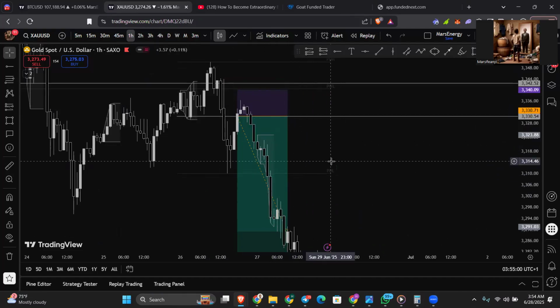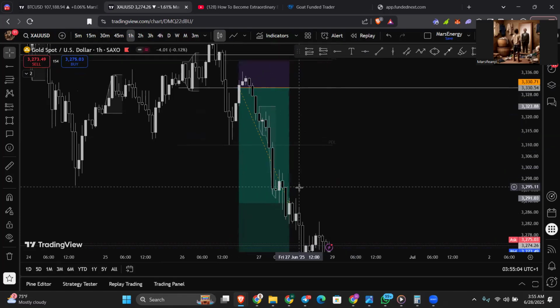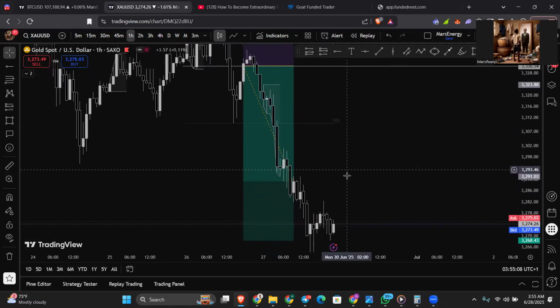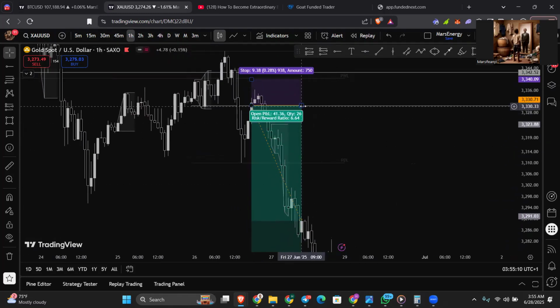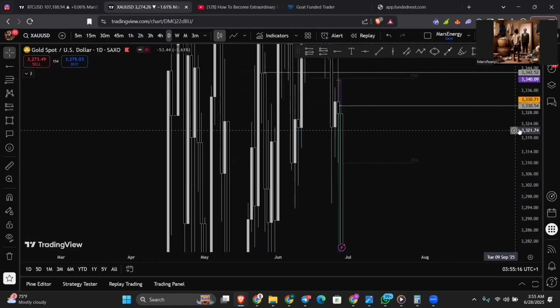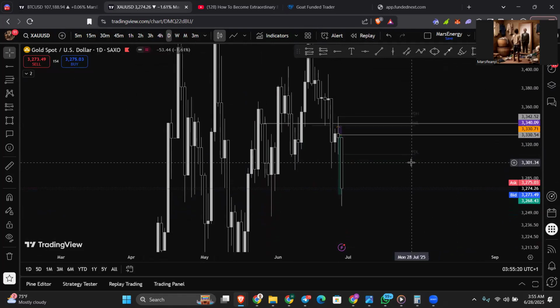So I just kept holding my sells, even though after the retracement it kind of seemed to be a buy, but I wasn't interested in the buy. Now, something very, very important you might want to pay attention to, right?